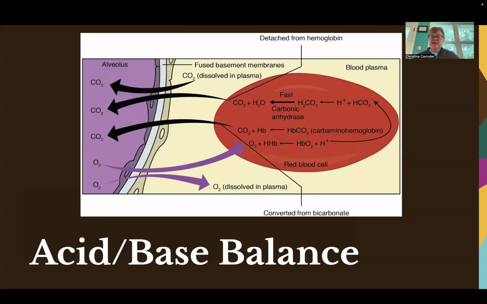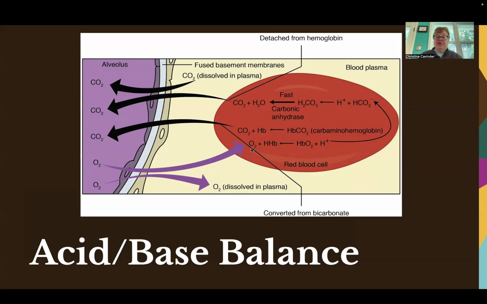Acid-base balance. I'm just going over a couple of slides on this because you've probably had it in your undergrad, so it's a little bit of review. Again, we have our chemistry here, how water and carbon dioxide bind. Actually, it starts down here.